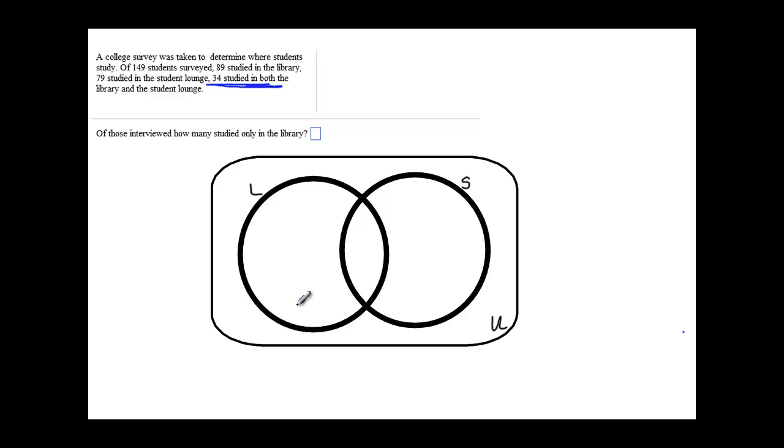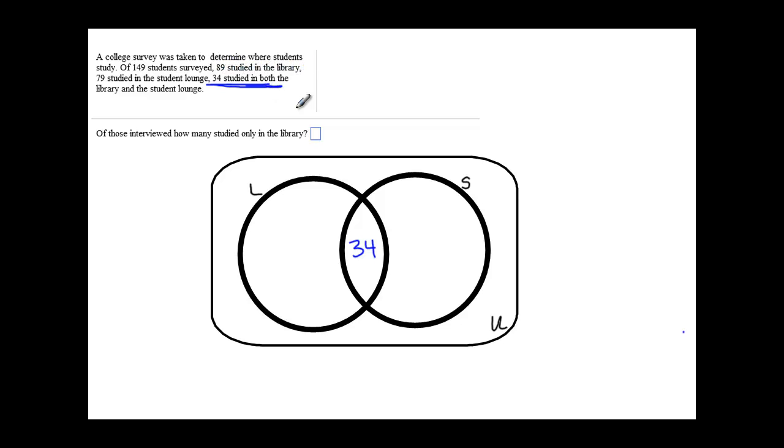If I've represented one set here as the students who studied in the library, and this one as the ones who studied in the student lounge, their intersection is going to be in this region, or the second region, when we've labeled them as 1, 2, 3, and 4. So we're going to write 34 in that region 2.